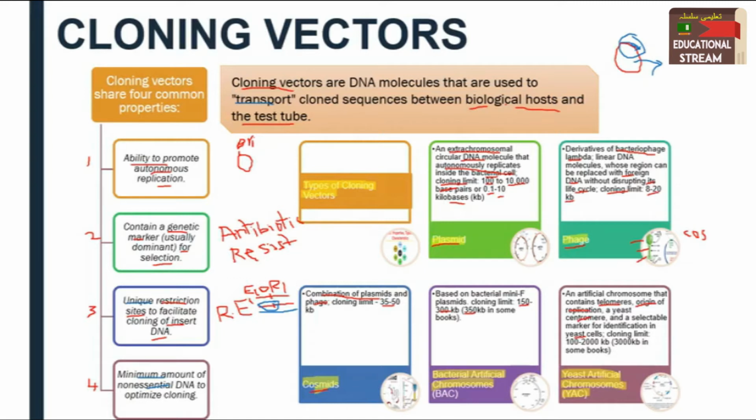So these are cloning vehicles that can propagate in a eukaryotic host as a eukaryotic chromosome, and they can be used to clone very large inserts of 100 to 2000 kb, or in some books 3000 kb fragments, by using the yeast artificial chromosome.